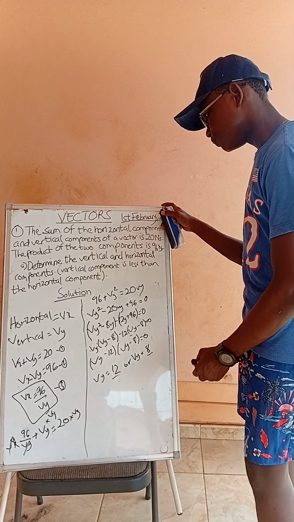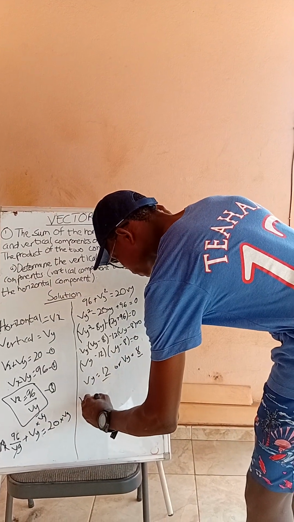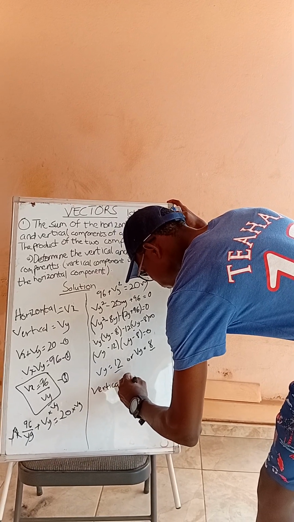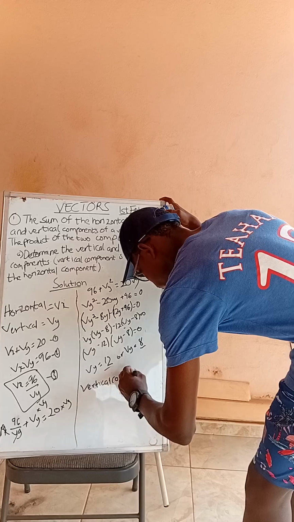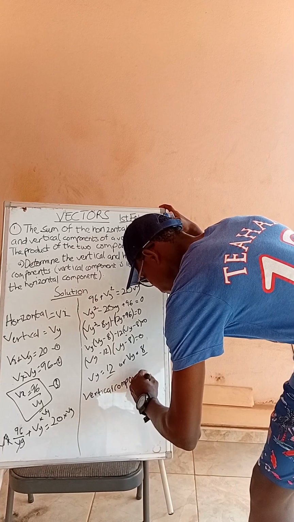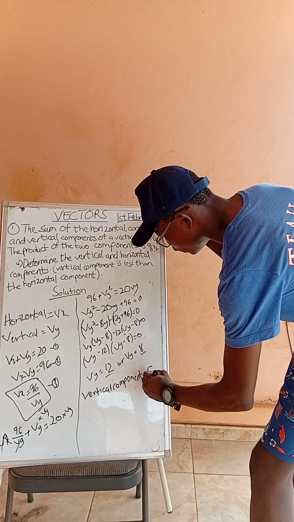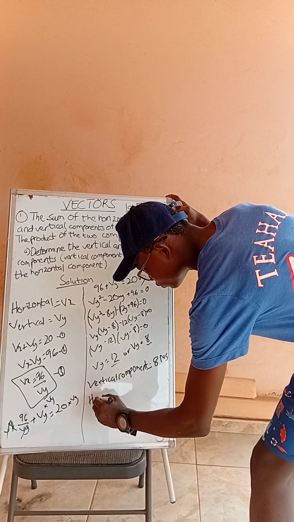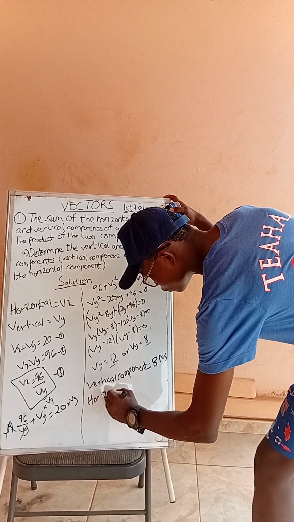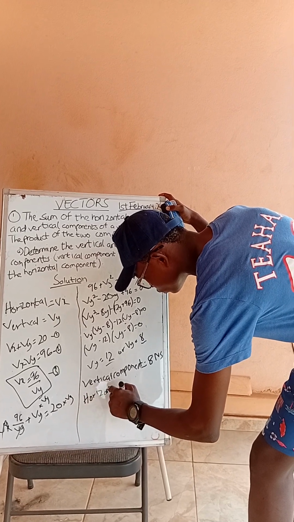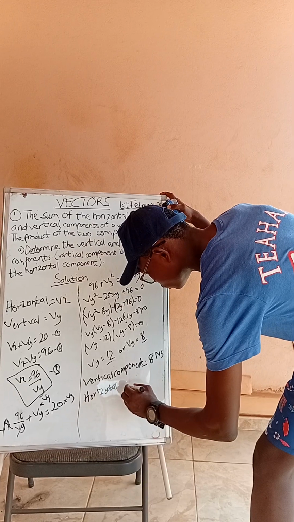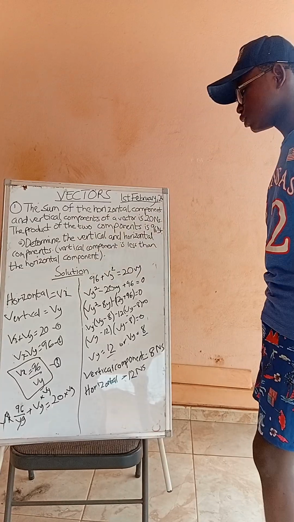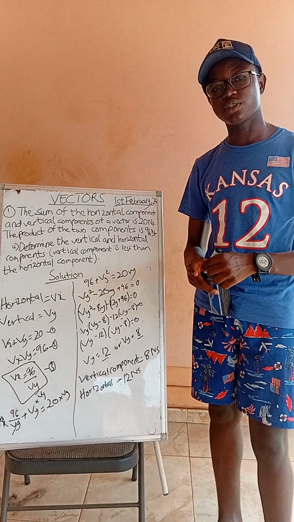So that means that our vertical component is equal to 8 Newton second, whereas our horizontal component is equal to 12 Newton second. So this is what we have for today.